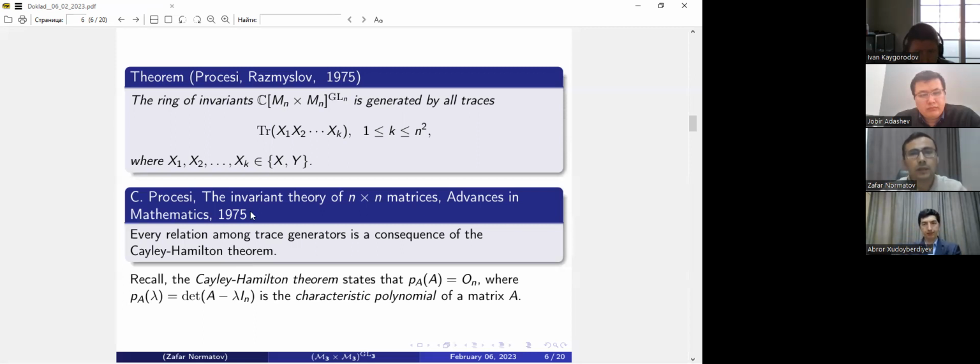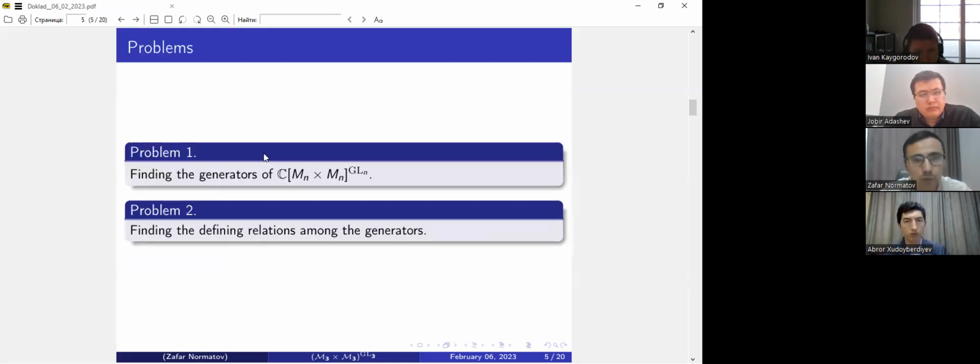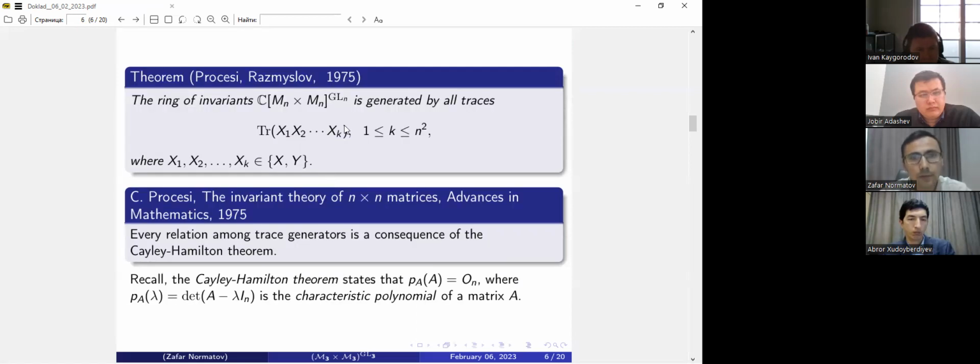So we should give the following remark. These theorems give only partial answers to these problems. Because from the first theorem, we know the generators, but we don't know the minimal generating sets.